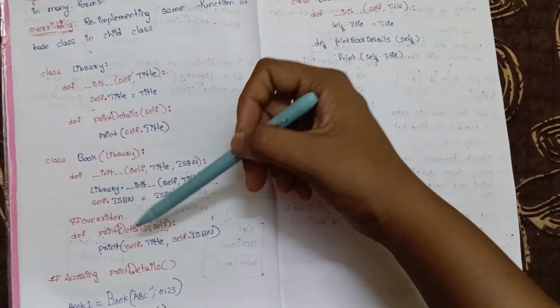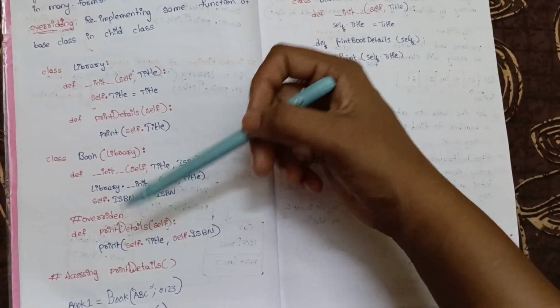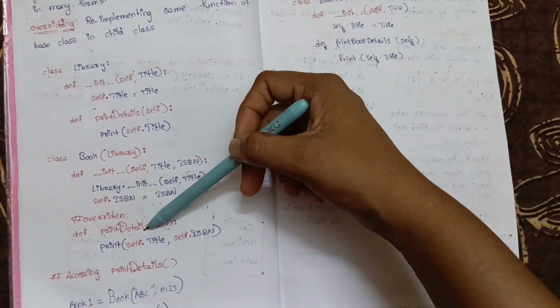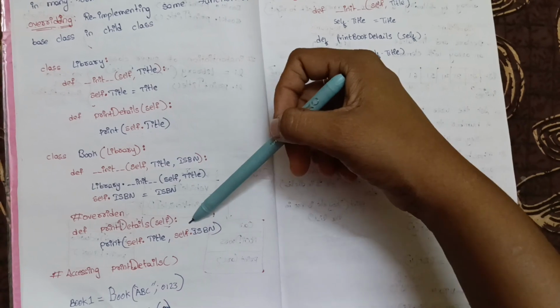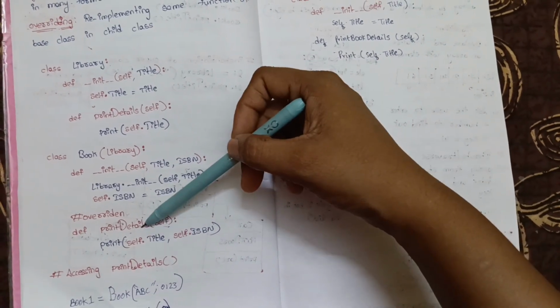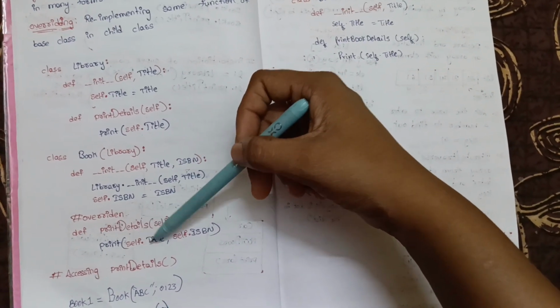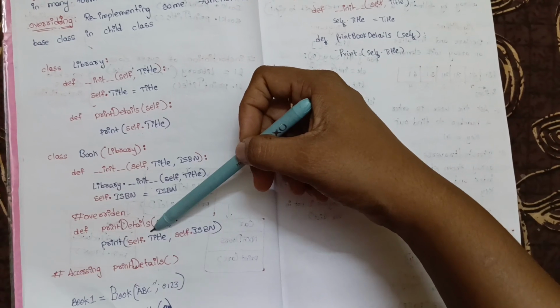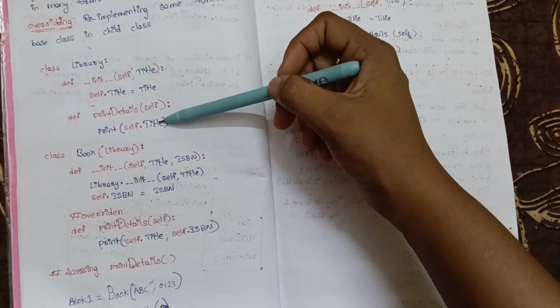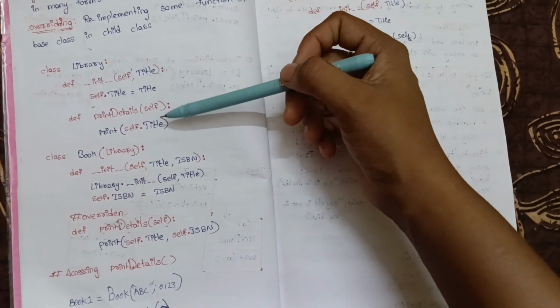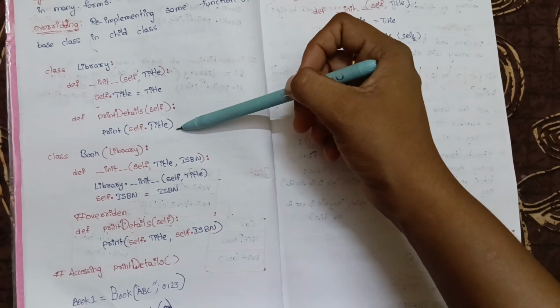If the child class writes it like so, and writes its own logic under that function name, then we call that method the overriding method, and the method that is being overridden we call the overridden method.